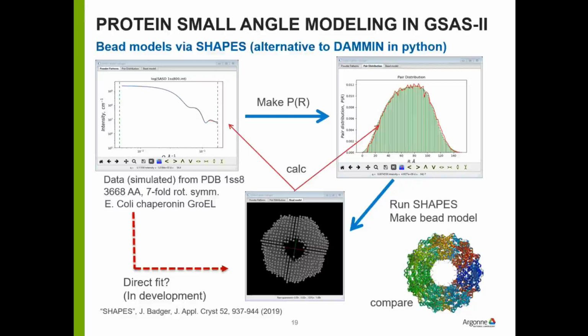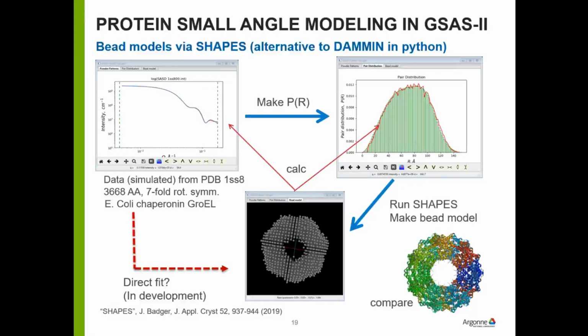You then fit it by the so-called bead model, which begins with a sphere of beads and then manipulates them back and forth to see if it can reproduce this curve by shifting the beads about. And so here's a case where it has shifted them out and created something that looks like a donut.